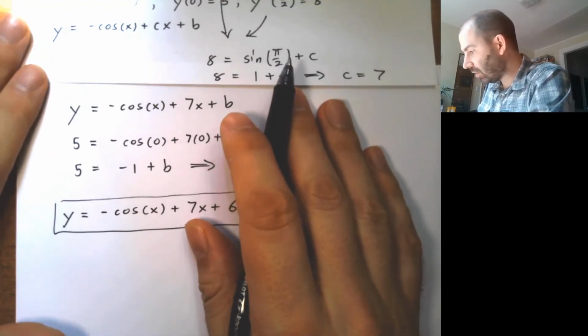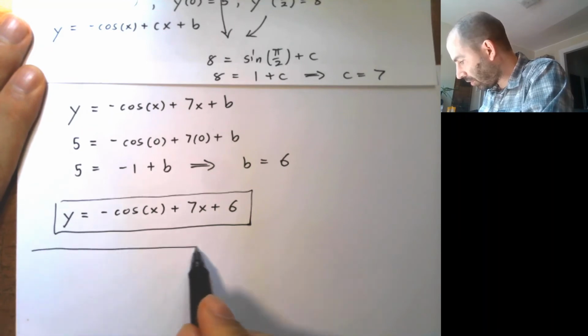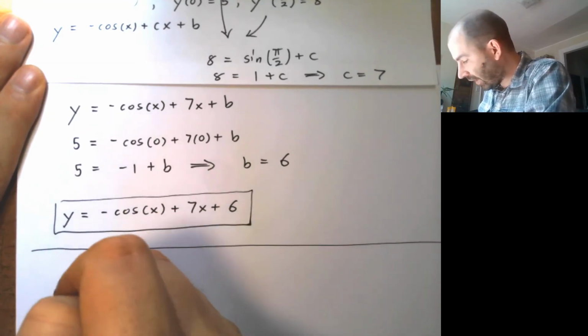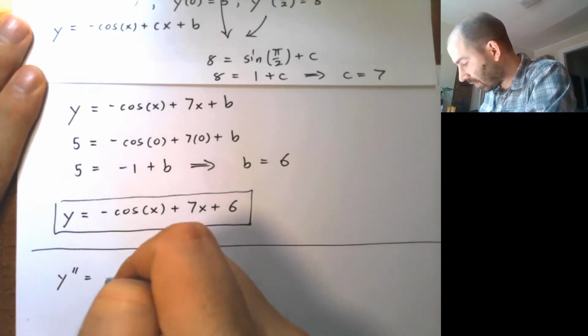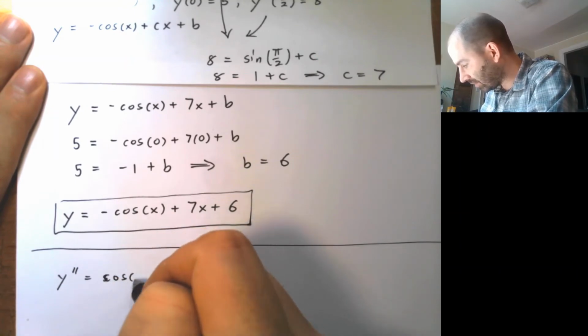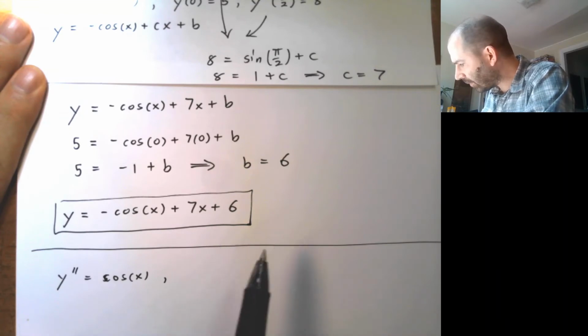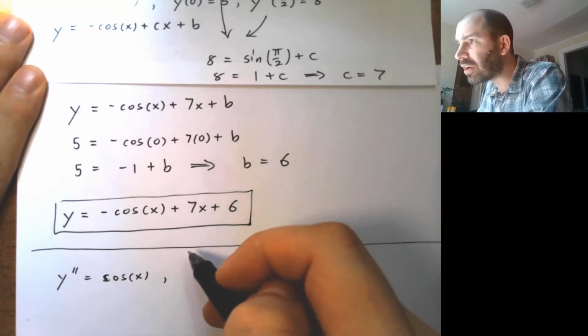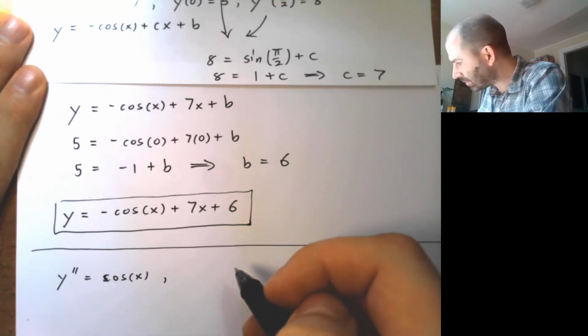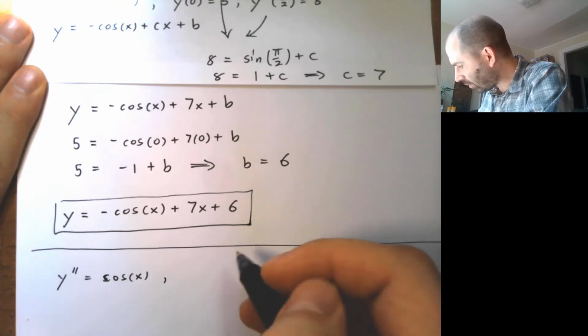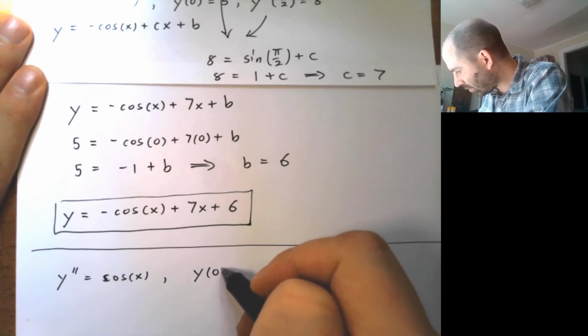Now let me just show you one other thing that could happen here. What if I had y double prime equals cosine x, and only that other condition, let's just say y of 0 equals 5.